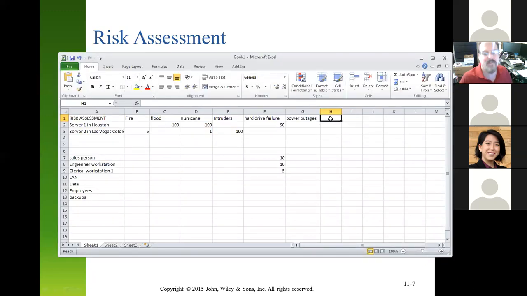Because most network managers these days can't possibly think of all the possible assets and the possible threats. There are threats you don't know about yet. Some new virus, not COVID-19, but some new computer virus that was discovered last week that you as a network manager don't know about yet. Or some new hacking technique. So, yeah, power outages.